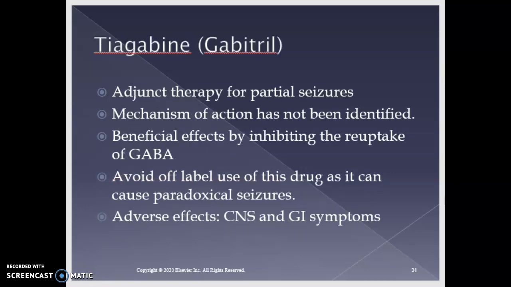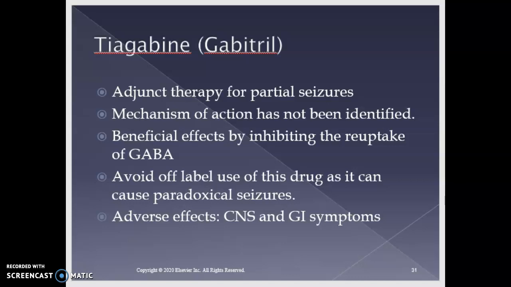With tiagabine or Gabitril, this is an adjunct therapy for partial seizures as well. We will see this being used less frequently, but the beneficial effects are related to the inhibiting of the reuptake of the GABA. So it inhibits the uptake of the GABA into the presynaptic neurons, and it prolongs that GABA action.